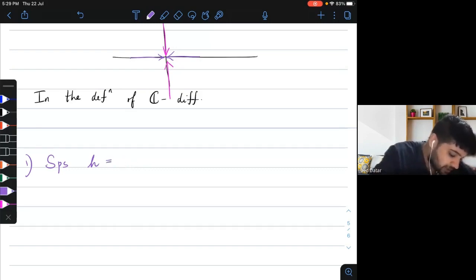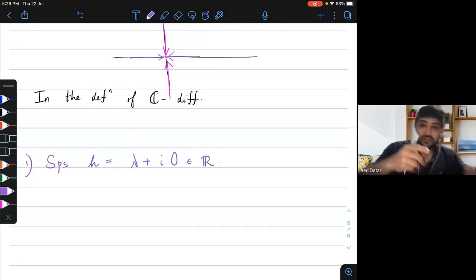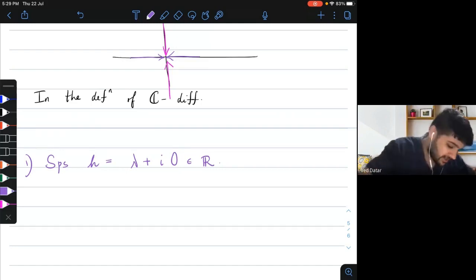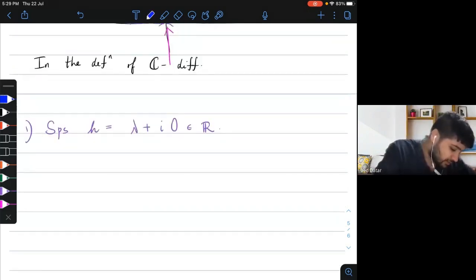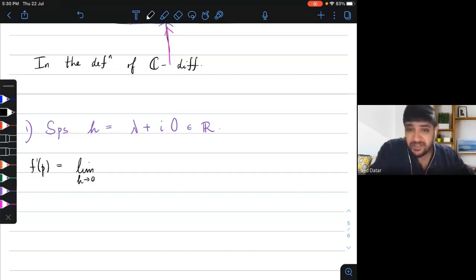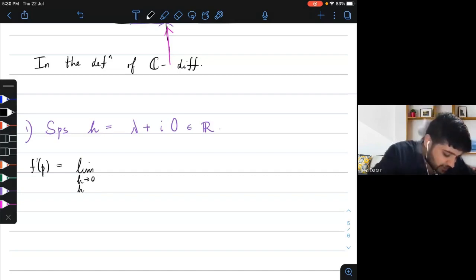So let's say h is given by this complex number. So this means that I'm approaching 0 along the x axis of the Argand plane. Okay, so then what is f prime of P? By definition, it's just this limit, right?